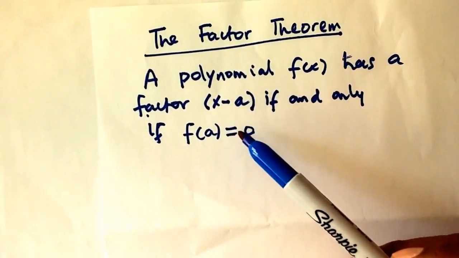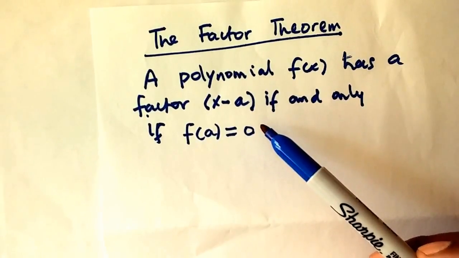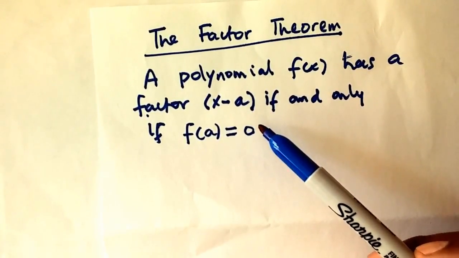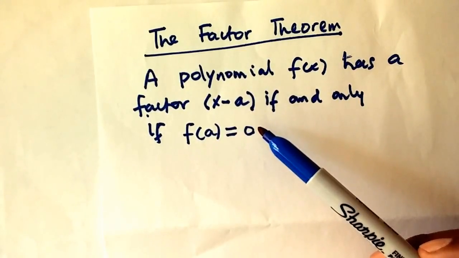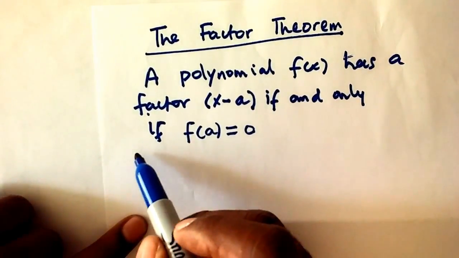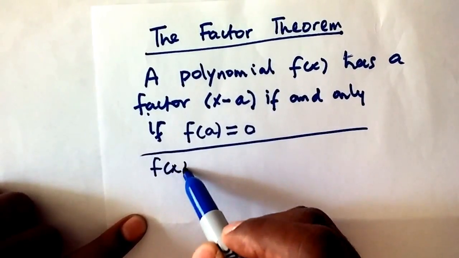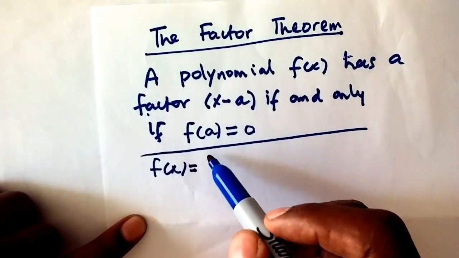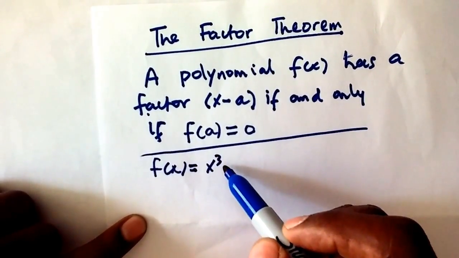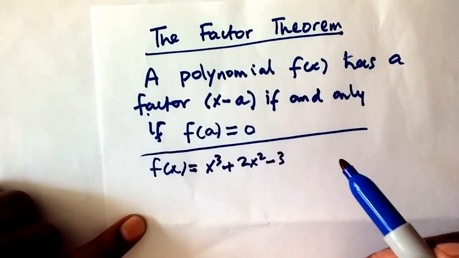of a equals 0. All right, so I'm gonna have to illustrate this with an example for us to really get it down. So here is an example. Here is a polynomial. F of x equals x cubed plus 2x squared minus 3.